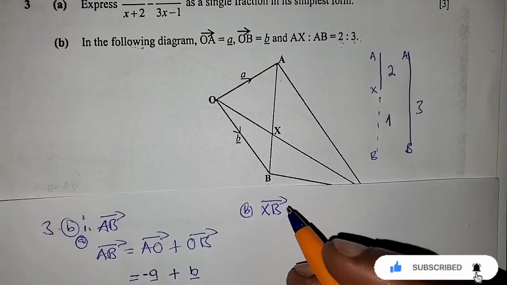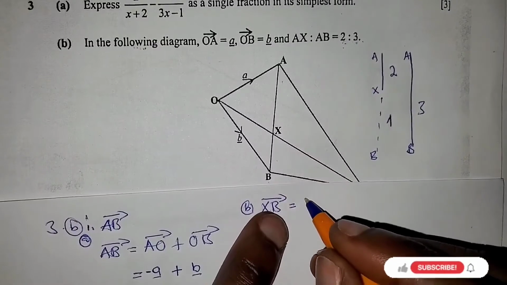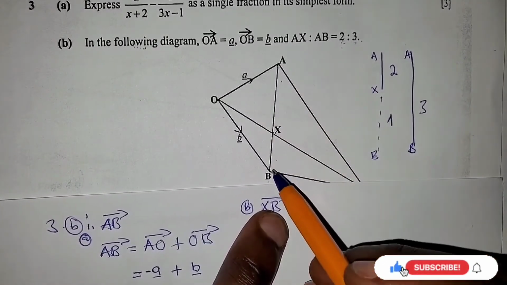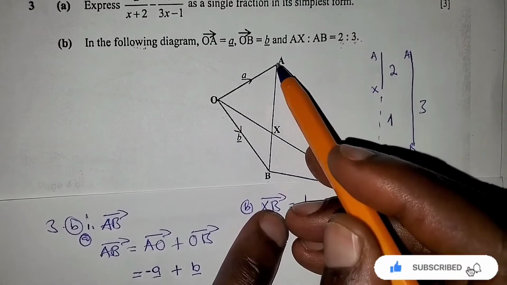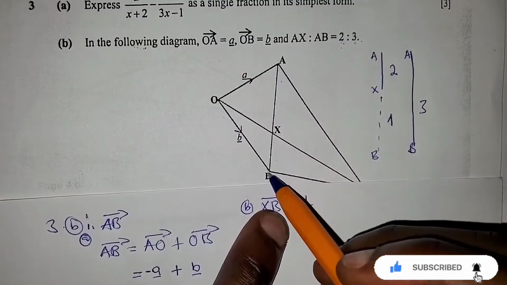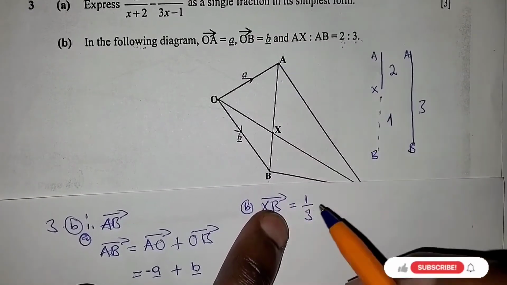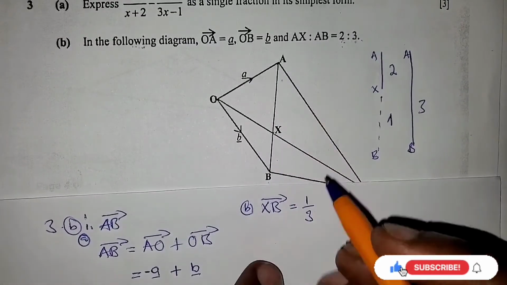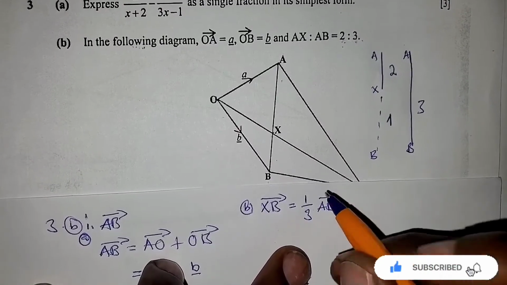So XB is going to be 1 over what is the total distance from A to B. The value of AB is 3. So 1 over 3 of vector AB.